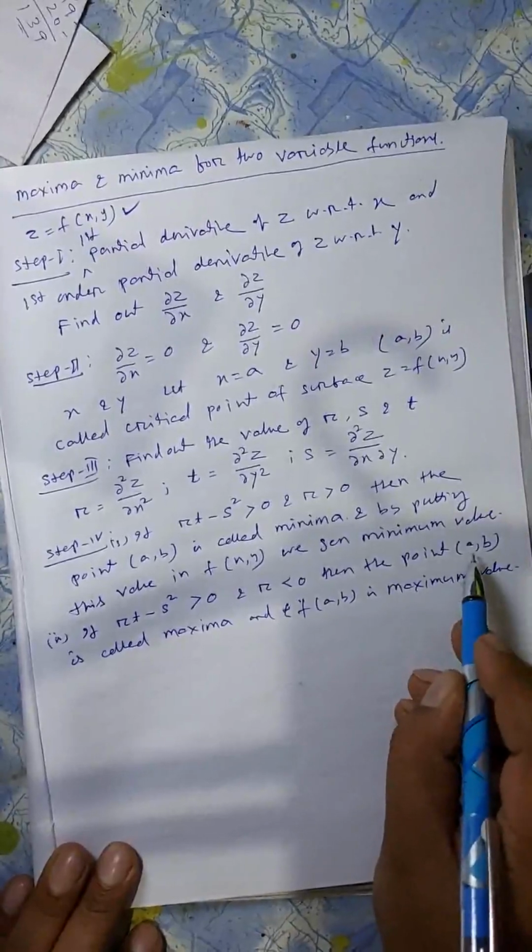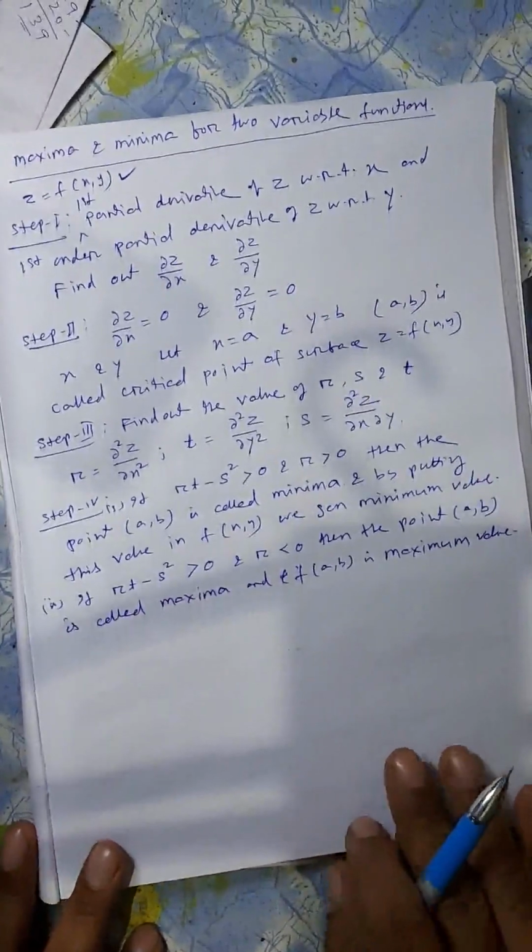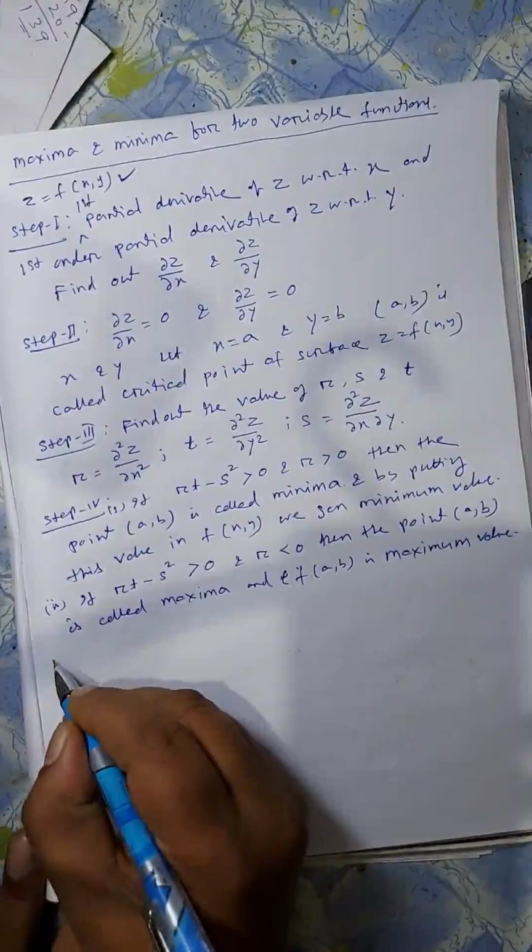In place of x I write a, in place of y I write b. Whatever the value (a, b) is, we get the maximum value.